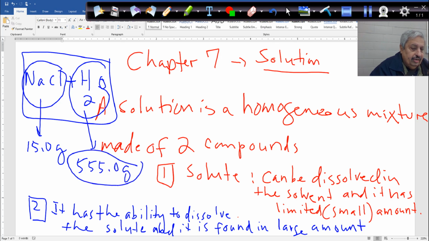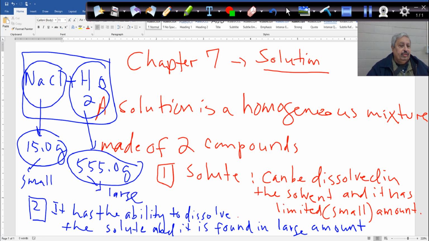So this is a large amount here. This is a small amount, and this is a large amount. And they have to be dissolving each other.